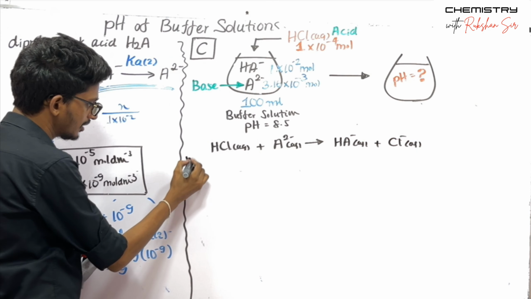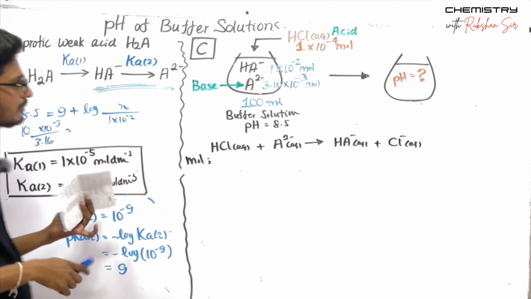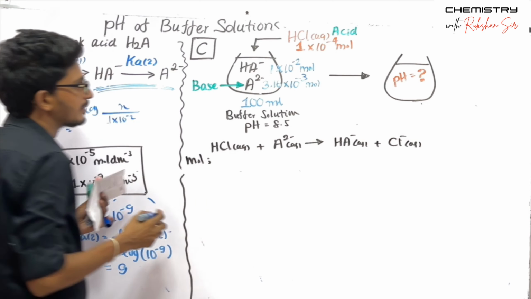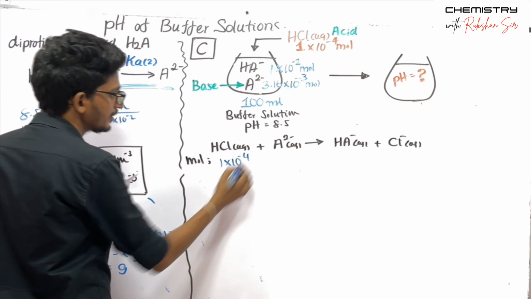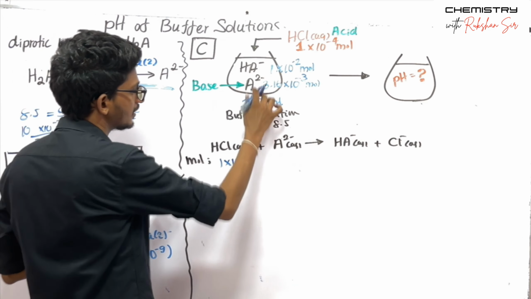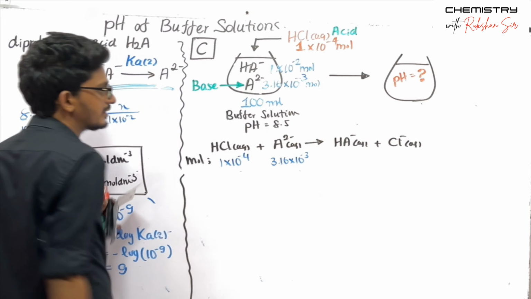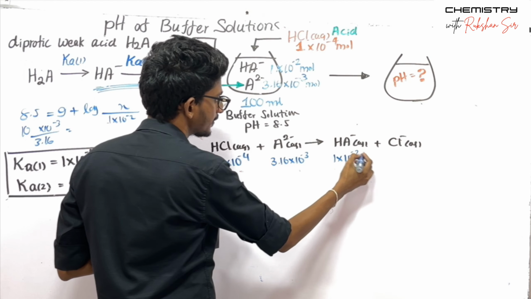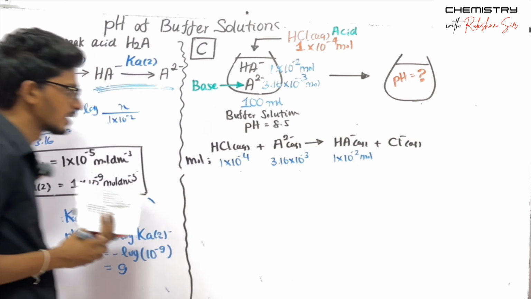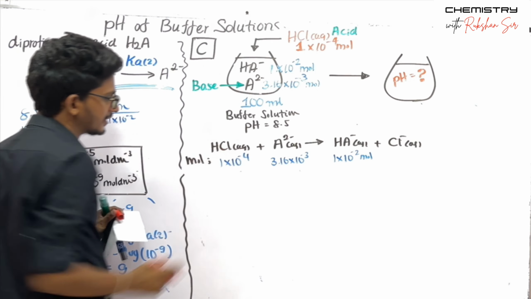The amounts should be written in terms of moles, as it's a straight arrow reaction. The HCl added amount is 1 into 10 to the power minus 4 moles. At the start you have 3.16 into 10 to the power minus 3 moles of A2 minus, and HA minus is 1 into 10 to the power minus 2 moles. So you clearly see that HCl is the limiting reagent.